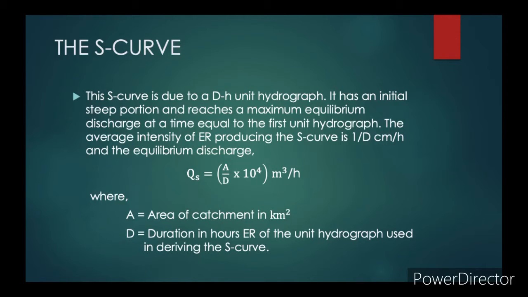And the equilibrium discharge is given by the equation Q_S = A/D × 10^4 cubic meters per hour, where A is the area of the catchment in square kilometers, and D is the duration in hours of the E_R of the unit hydrograph used in deriving the S-curve.